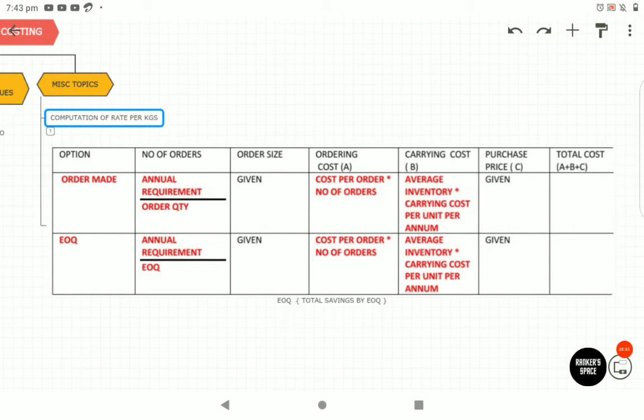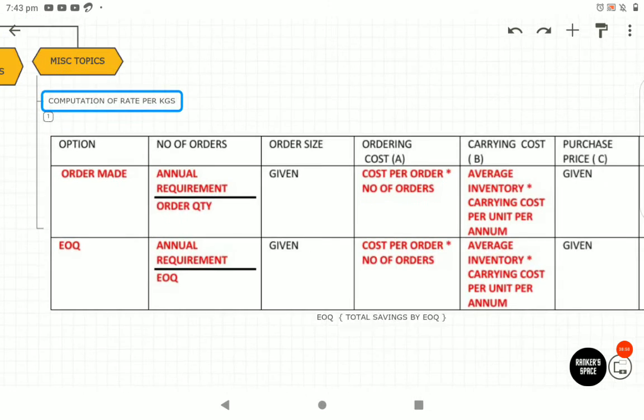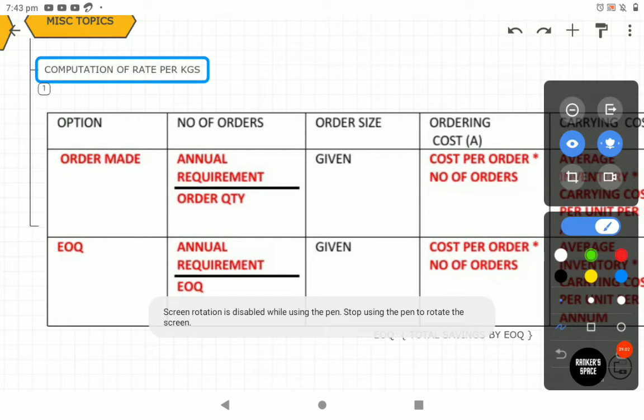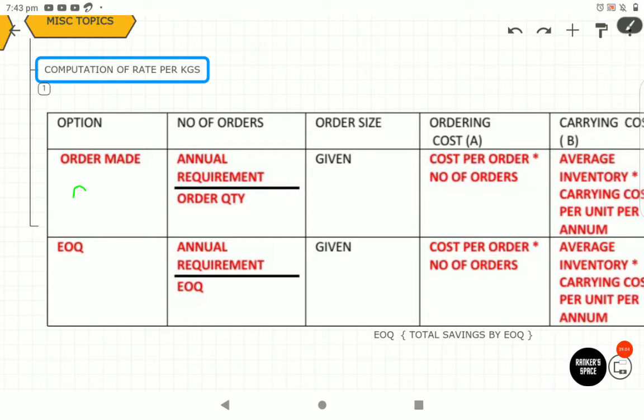Say for example, there are different options. They'll give a certain quantity in the question, say 2000 units. After calculating the EOQ with the help of the formula, you're getting 1000 units. So you have to do a comparison.